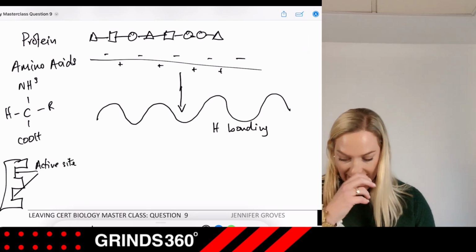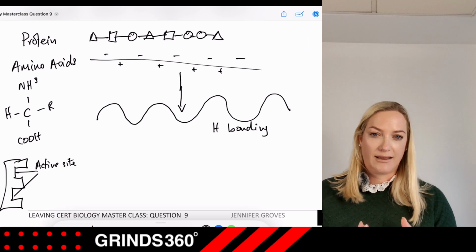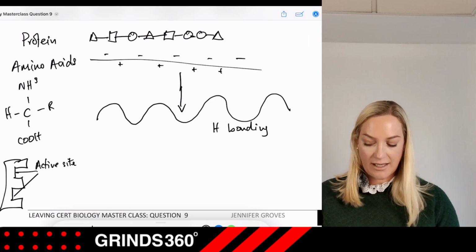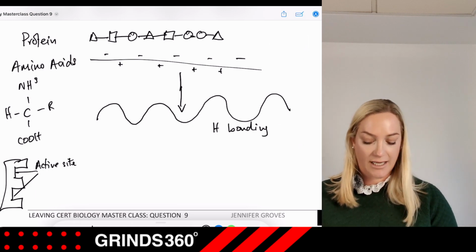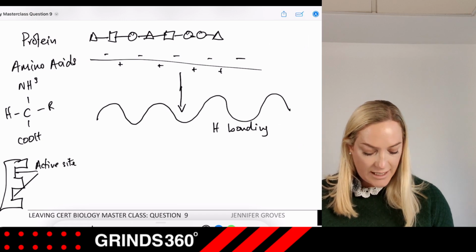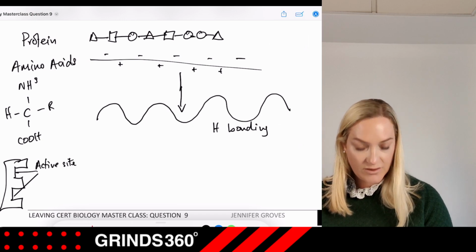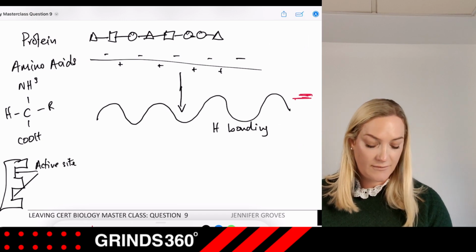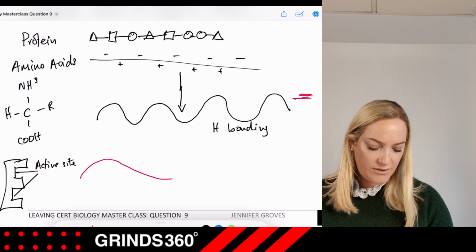Now, anything can affect the hydrogen bonding. And what will happen then is your enzyme will start to unravel. Imagine if this is the enzyme, it will start to unravel.